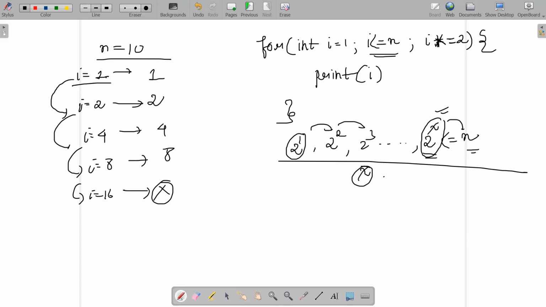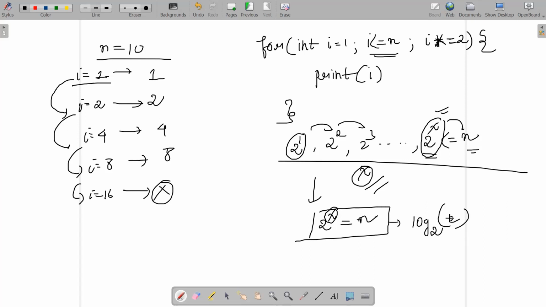So what is this value of x now? I can just say in the worst case, 2 to the power x will be just equal to n, right? In the worst case, this is the maximum value 2 to the power x can achieve. Correct? So what is the number of this x? You apply log 2 both sides.